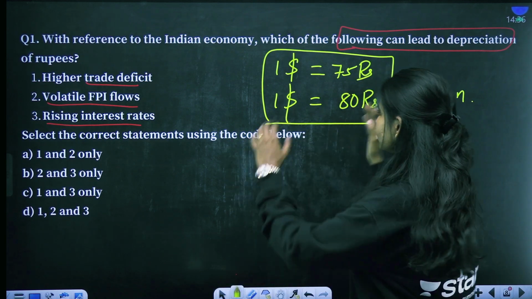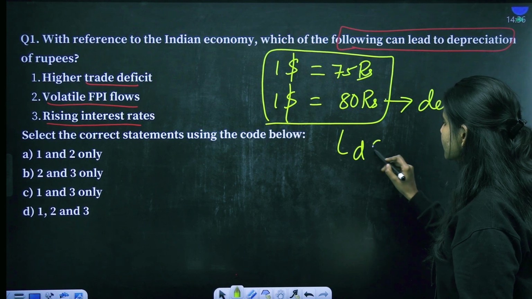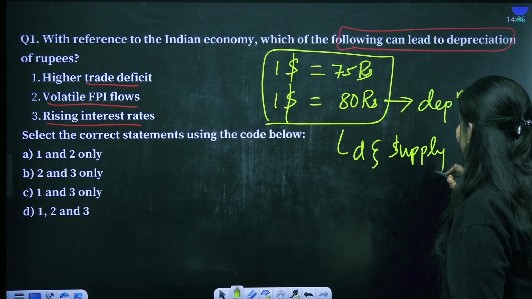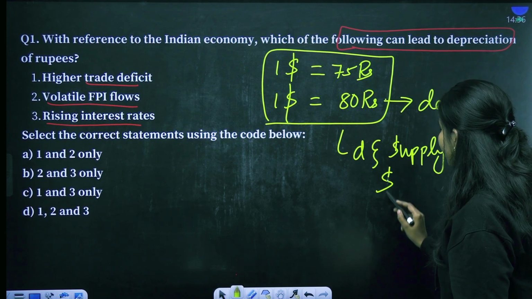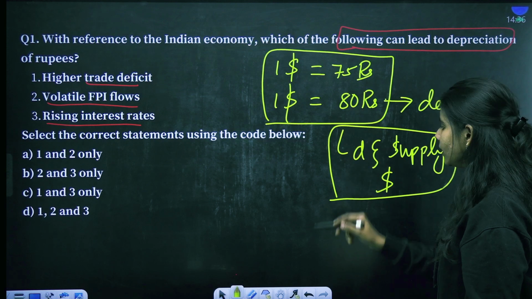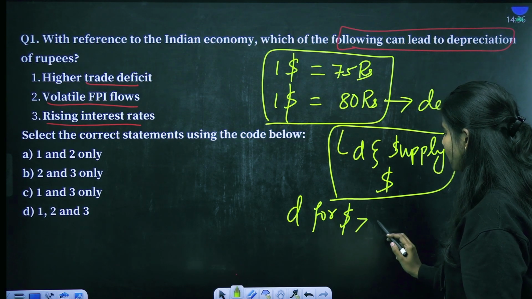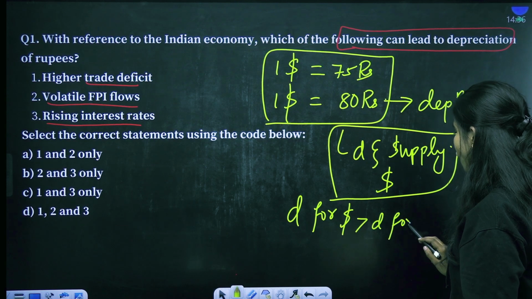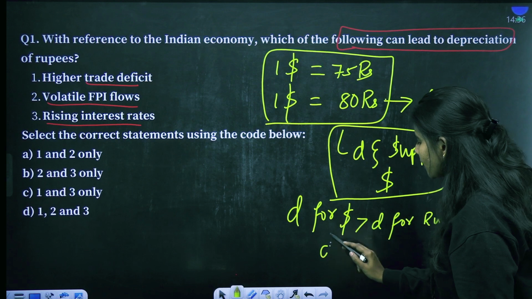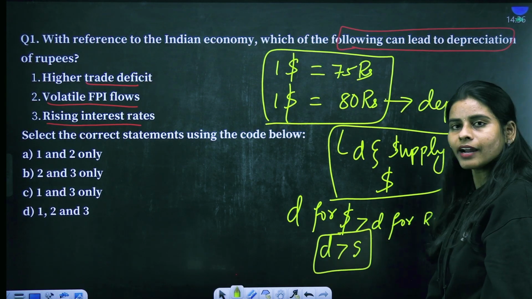We know that the exchange rate is determined by the demand and supply of foreign currencies in the Indian economy. In this case, the demand and supply of the dollar is going to change the exchange rate. Whenever the demand for the dollar is higher than the demand for the Indian rupee or the supply of the Indian rupee, in that case the value of the dollar is going to increase, right?